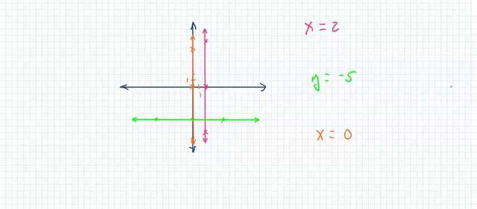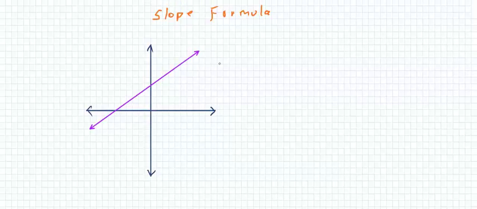Just like that. All right, now the last thing I want to look at is the slope formula. So let's draw a graph. We know that slope is rise over run.